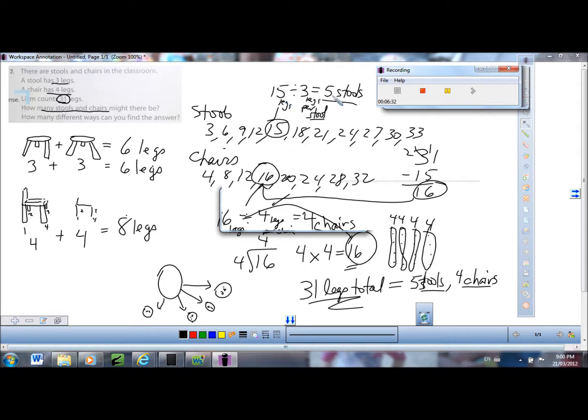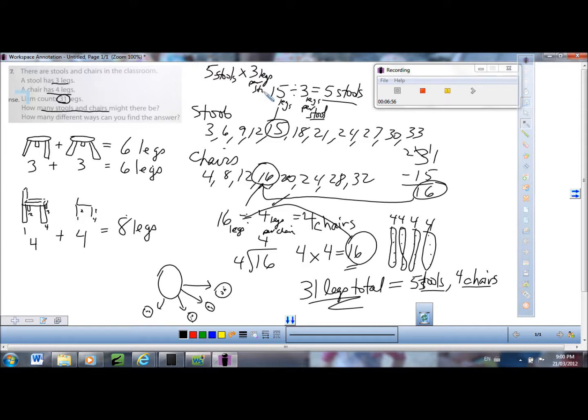Don't forget in stools, I didn't really show it, but I can. 15 legs total divided by 3 legs per stool equals 5 stools. Well, can I work backwards? Sure you can. That means if you have 5 stools multiplied by 3 legs per stool, how many legs total would you have?